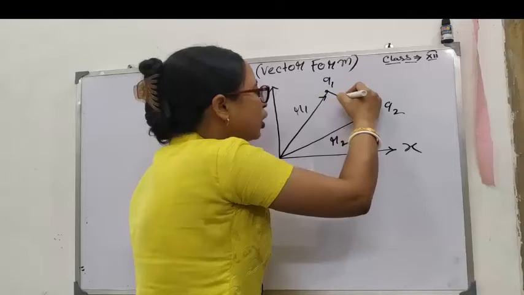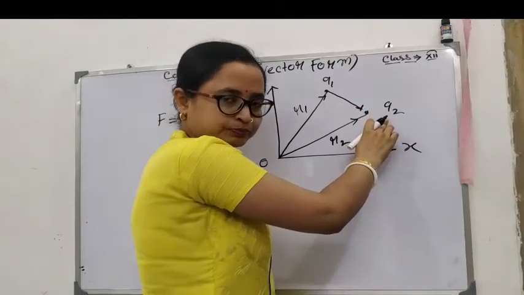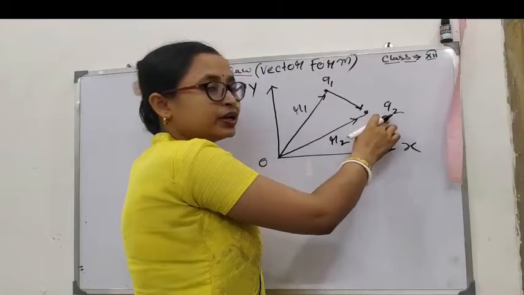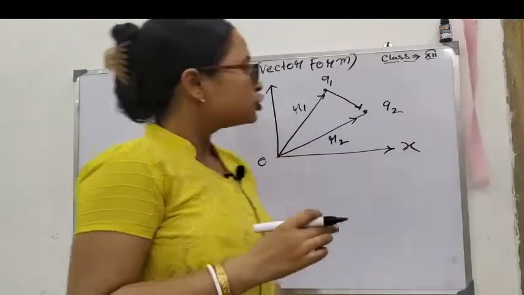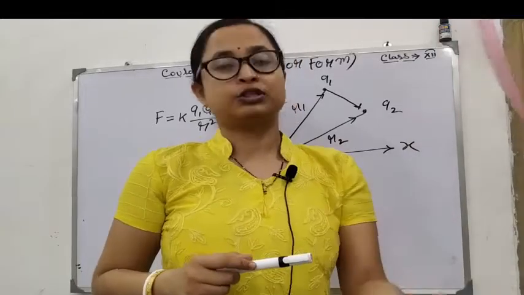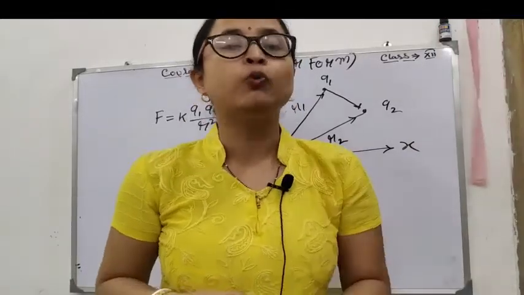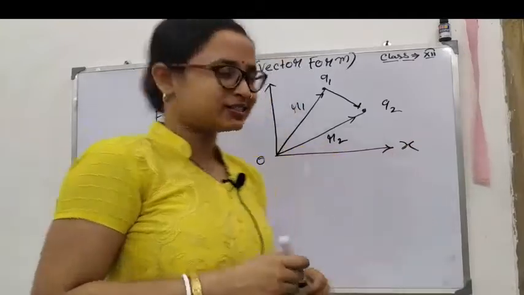Now Q1 applies a force on Q2, similarly Q2 also applies a force on Q1. So first, if we want to find the force acting on the charge Q1 due to the charge Q2, how can we write? Let us learn.